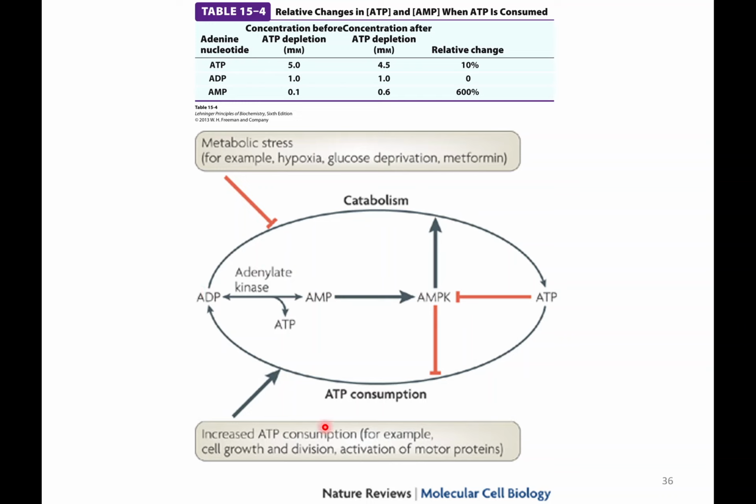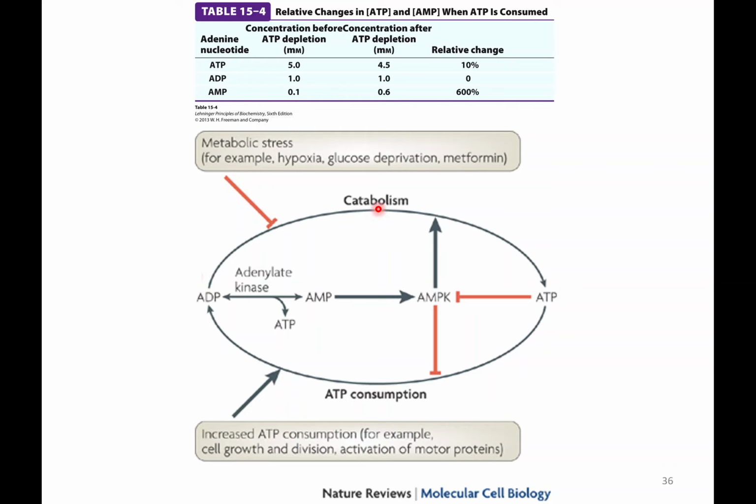So for ATP consumption, examples of that would be things like cell growth or the activation of motor proteins in a bacteria, for example, for it to move, right? It needs to have that motor protein that will consume ATP. So ATP is consumed, goes to ADP.